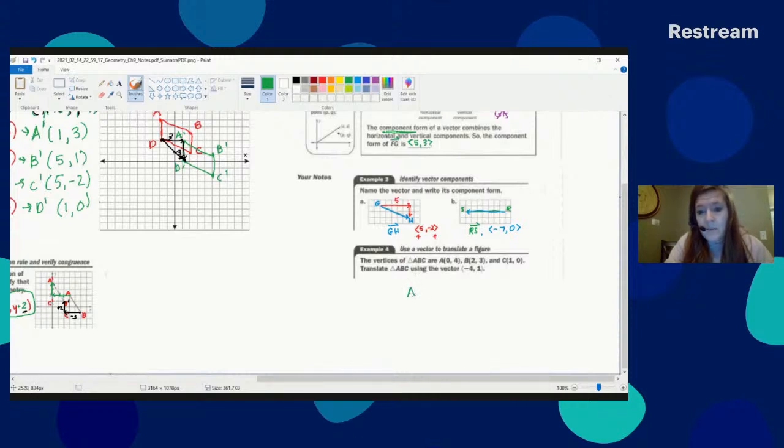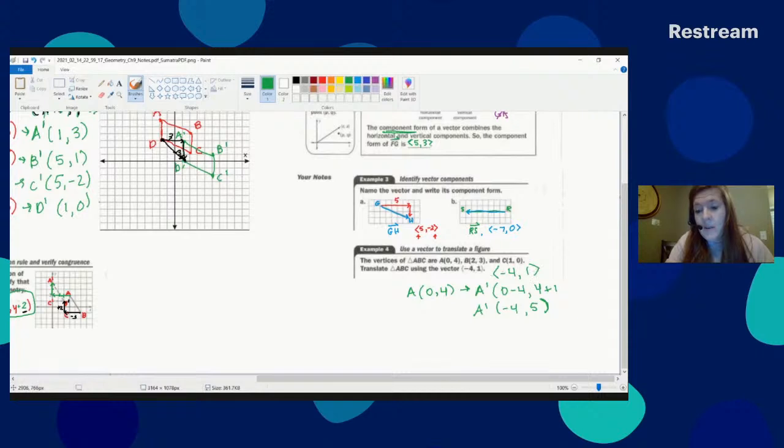If your pre-image vertex is at (0, 4) for A, and you're using vector <-4, 1>, then A prime is 0 minus 4, or -4, and the y component is 4 plus 1, or 5.